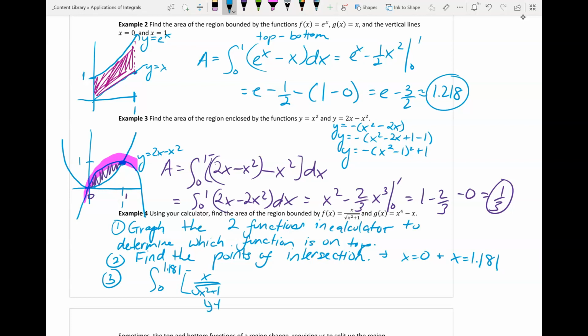So this is the top function minus your bottom function. And you just let the calculator do the work to get the final answer. It's going to be 0.785.